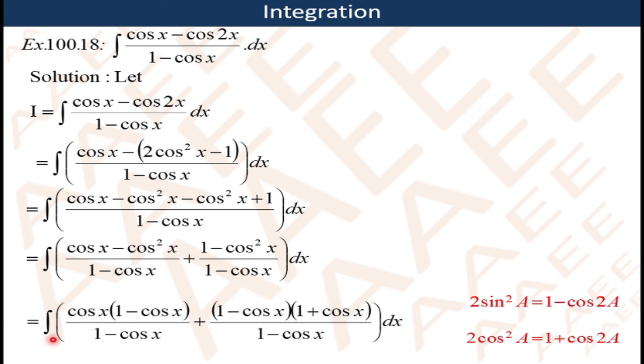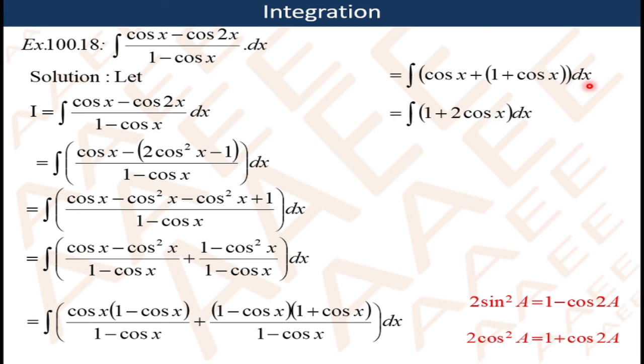So that will be the integration cos of x into 1 minus cos of x upon 1 minus cos of x plus 1 minus cos of x into 1 plus cos of x upon 1 minus cos of x. 1 minus cos of x will get cancelled from numerator and denominator. You will get integration cos of x plus 1 plus cos of x dx, and that will be the integration 1 plus 2 cos of x dx, and it is easy to integrate. Integration of this is x plus 2 sin of x plus c, and hence the integral.